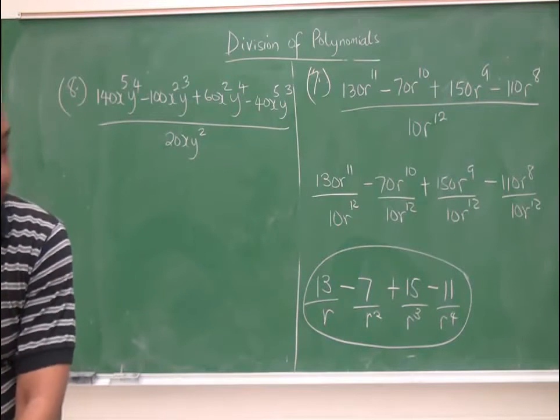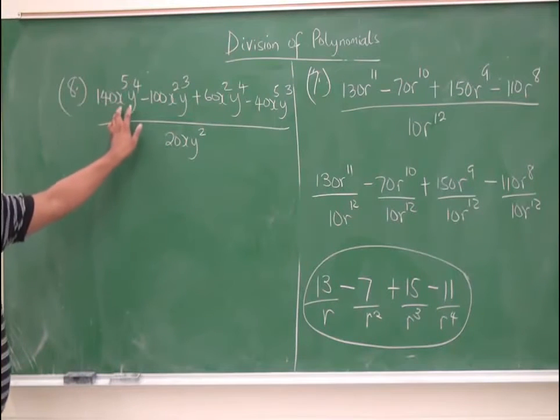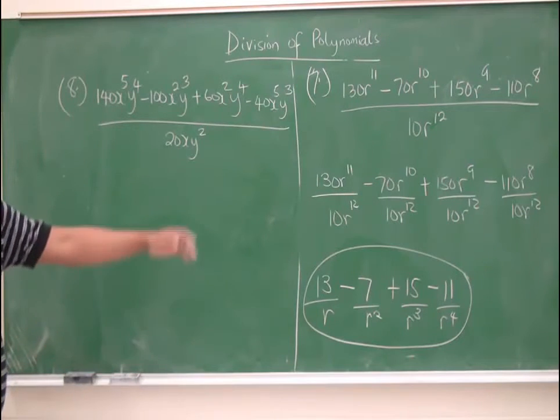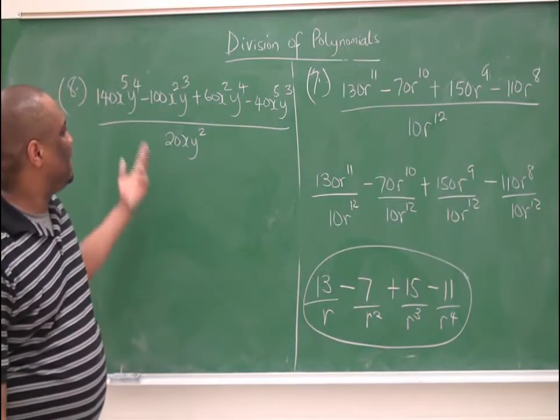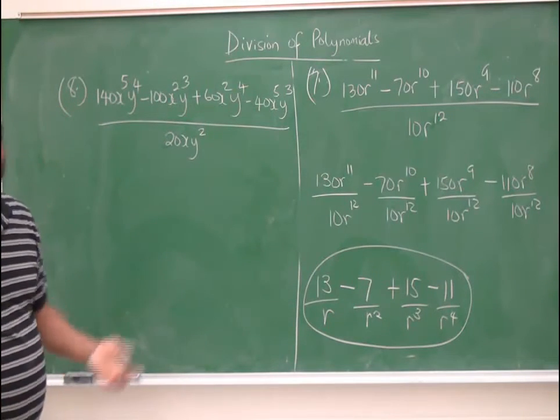Okay, so don't be scared because you have two variables here. It's still the same principle. The way we've been doing single variables, this is now two variables, x and y. Don't be scared, it's the same thing.